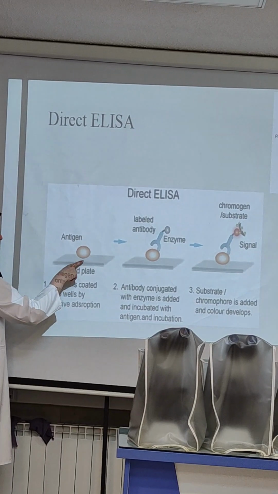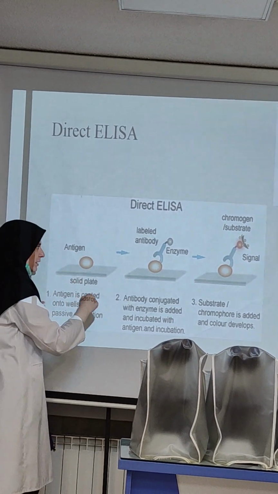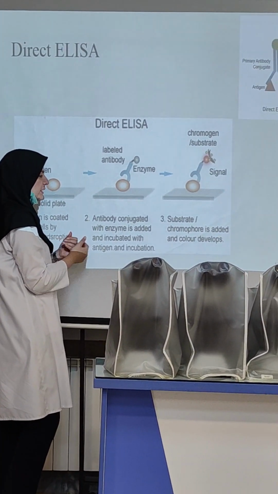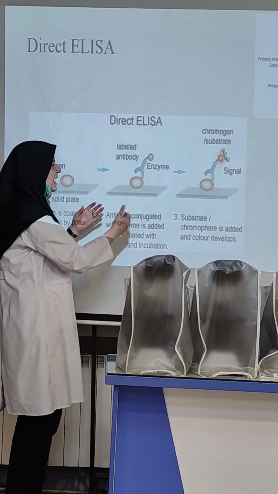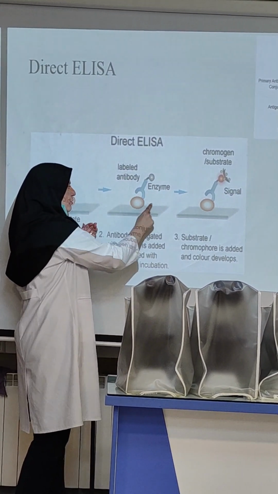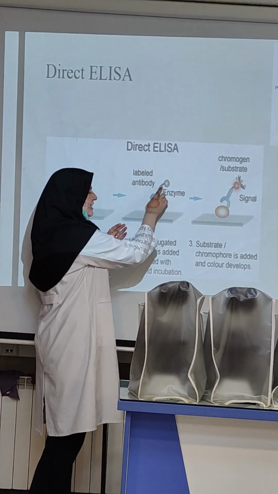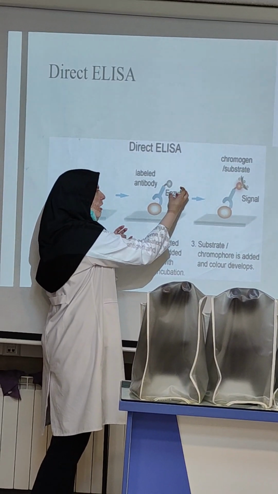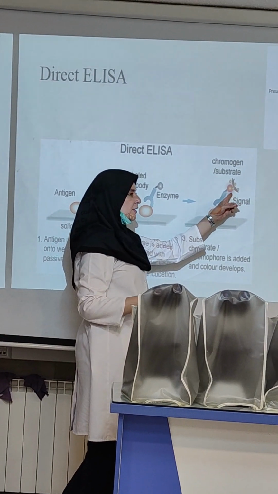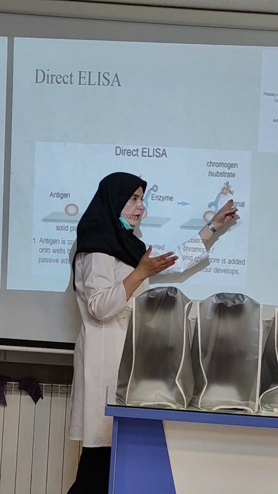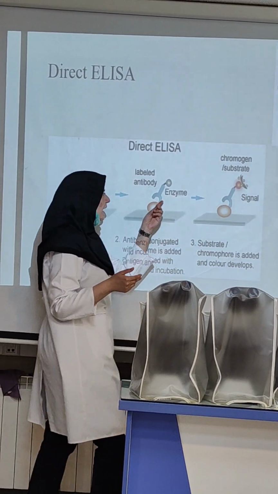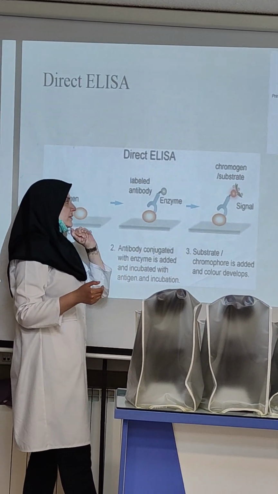This is a solid phase, and we have an antigen. If you want to measure the formation of the immune complex, after adding the antibodies, the immune complex forms, and these antibodies bind to the tracer. A tracer is sometimes a fluorophore, sometimes a chemiluminescence, but now we have the enzyme as a tracer.